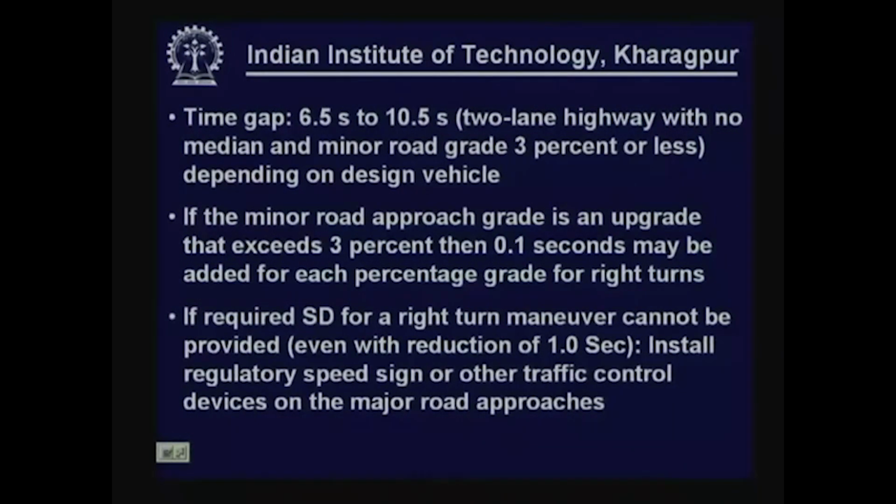Now, if required side distance for a right turn maneuver cannot be provided, even considering this reduction in time by 1 second, then one should explore the possibility of installing regulatory speed sign or other types of traffic control devices on the major road approach, so that the speed can be regulated on the major road.